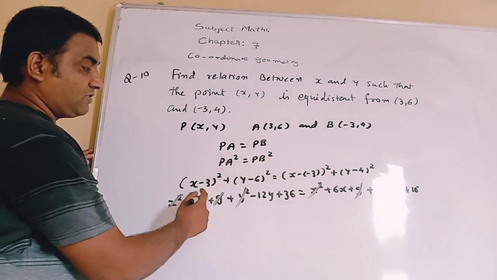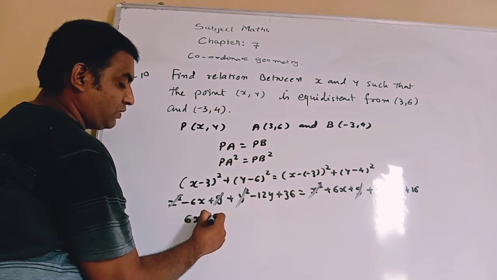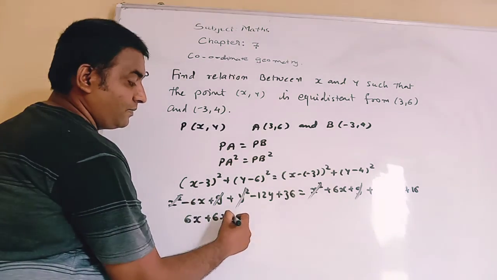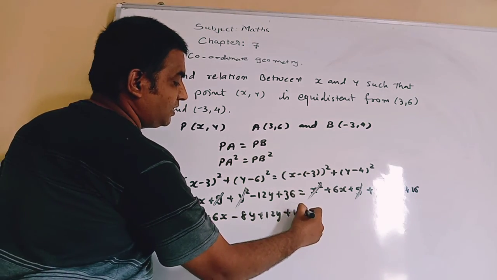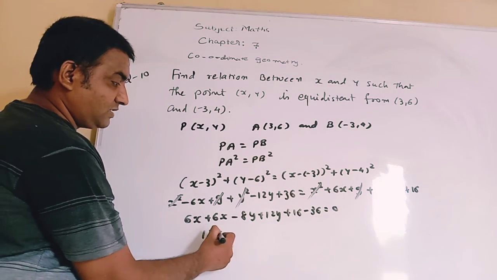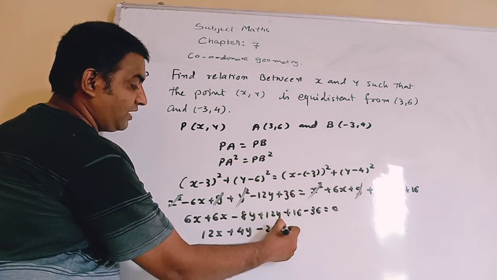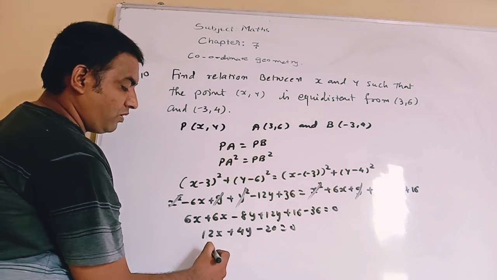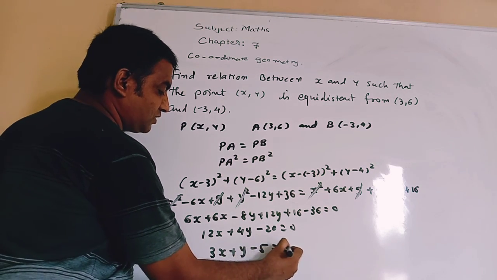Now 6x will go that side, so 6x plus 6x, minus 8y plus 12y, plus 16 minus 36 equals 0. So 12x plus 4y minus 20 equals 0. So we divide by 4, then 3x plus y minus 5 equals 0.